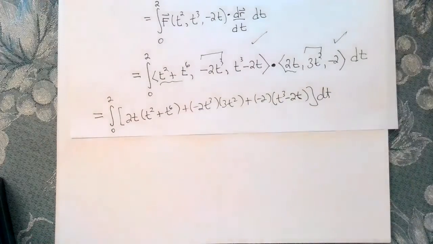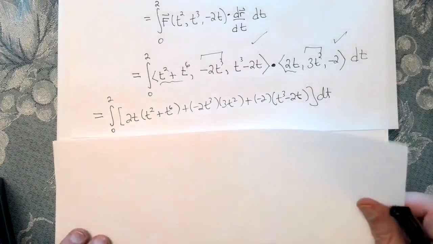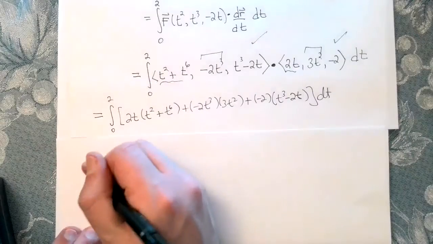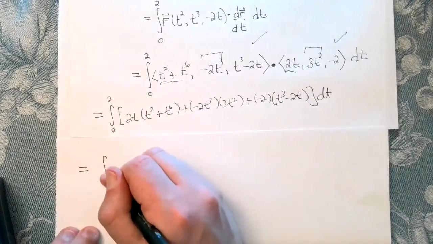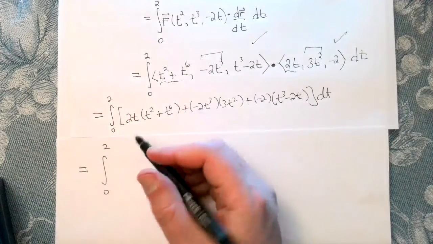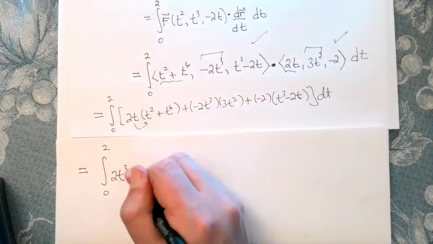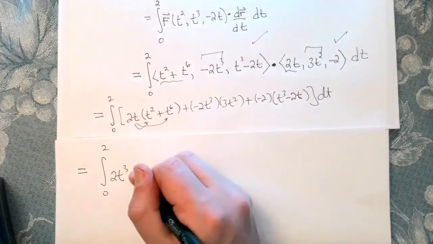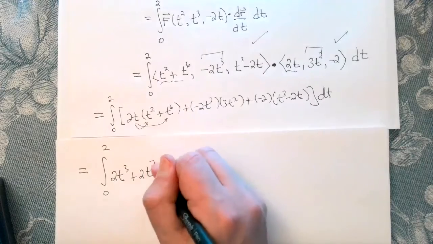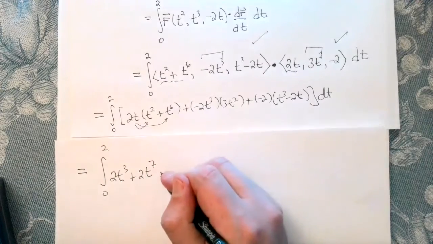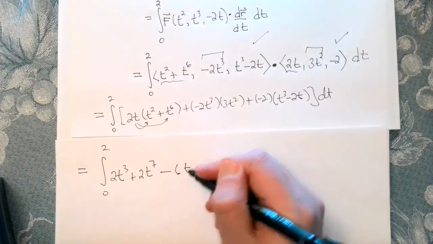Now we want to just carry through with our algebra. By the distributive property, it looks like we've got 2t cubed plus 2t to the 7th, and here we've got minus 6t to the 5th.